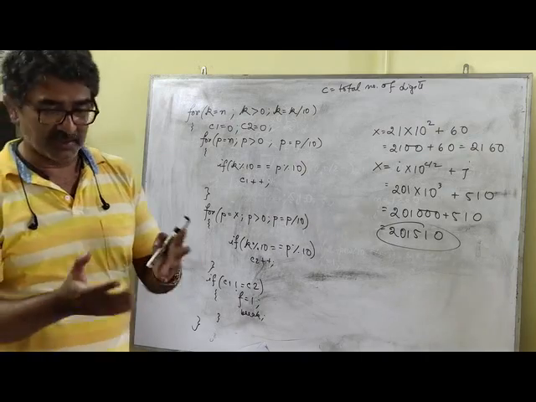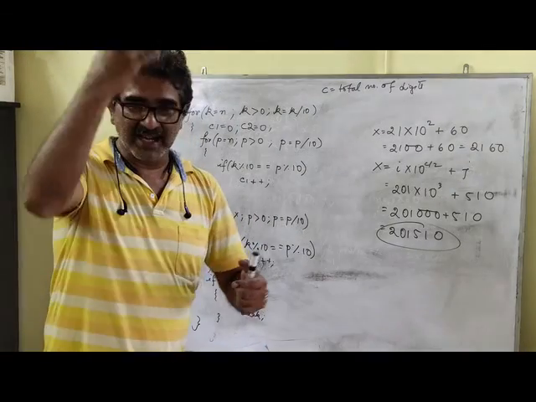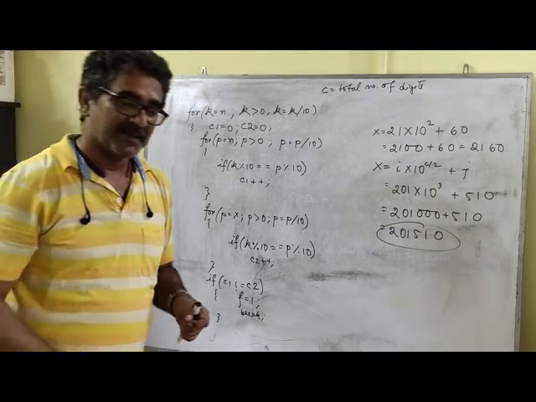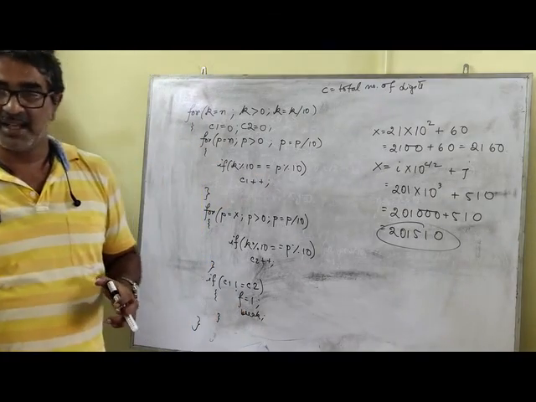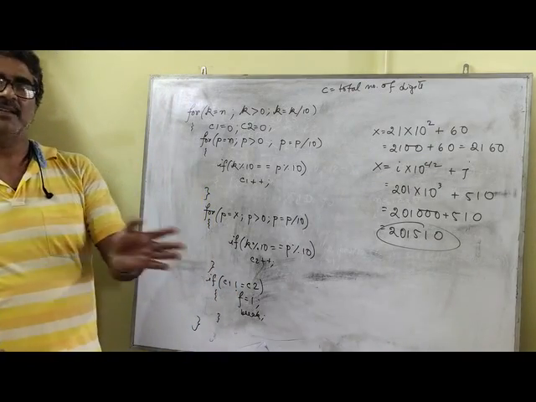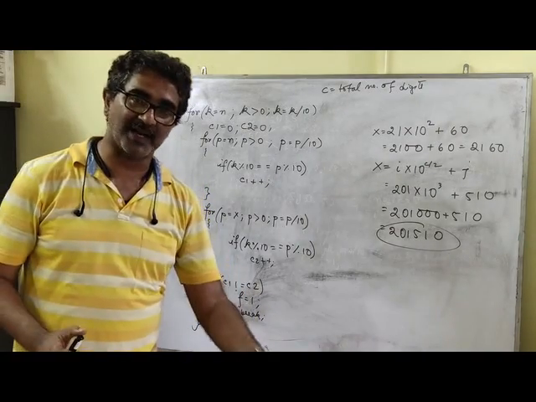At any point of time, if the criteria did not match, I made f 1. So if f continues remaining as 0, that means all the conditions were fulfilled. So we can write it's a vampire number, otherwise not a vampire number.